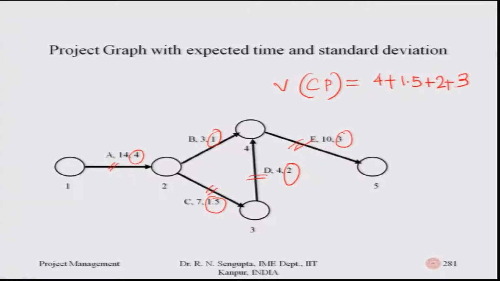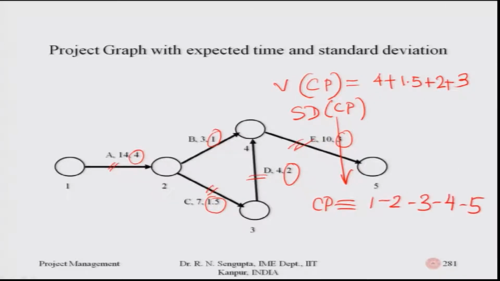And if I want to find the standard deviation, SD, of the critical path, which is 1, 2, 3, 4, 5, it will be the square root of 4 plus 1.5 plus 2 plus 3, and you can find it accordingly. In case 4, 1.5, 2 and 3 are the standard deviations, then you have to square them up to find the overall variance, and then take the square root to find the standard deviation of the critical path.